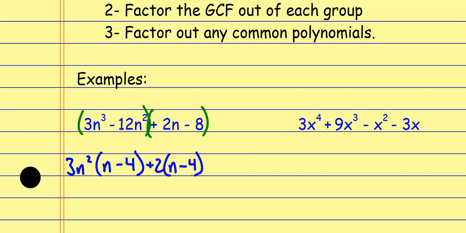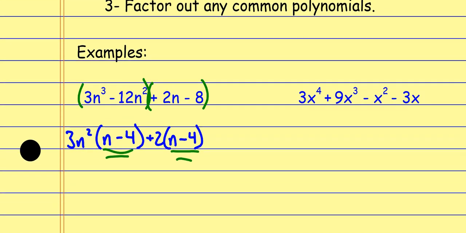And now I look for big chunks that are the same, and I should see that I've got this chunk of n minus 4 that they have in common. So basically, I'm going to take out the n minus 4, and think about what would happen if I took the n minus 4 out of this first chunk of stuff. I'd be left with a 3n squared.